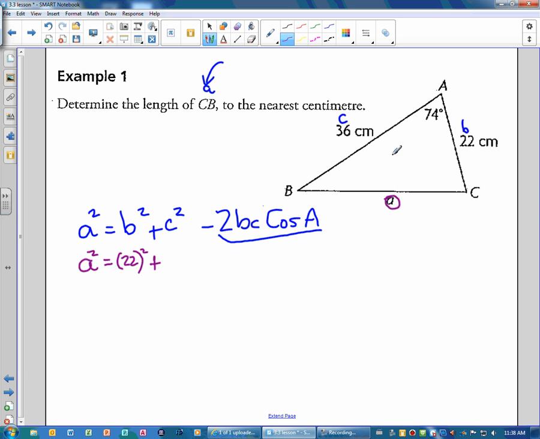Okay, here's C because it's across from angle C. 36 squared minus 2 times B times C times the cos of angle A, 74. So A squared equals all of this. So let's simplify. A squared equals.